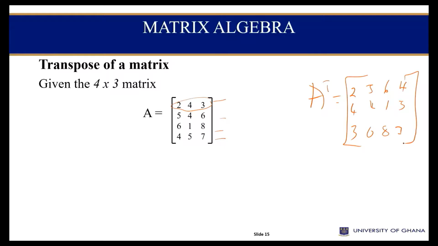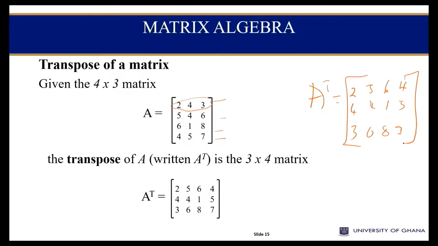What I have just done is to transpose the matrix. That is what you have here: 2, 5, 6, 4, 4, 4, 1, 5, 3, 6, 8, 7. So transposing a matrix is just a simple operation to perform. Okay. I hope that is also clear with all that I have indicated.